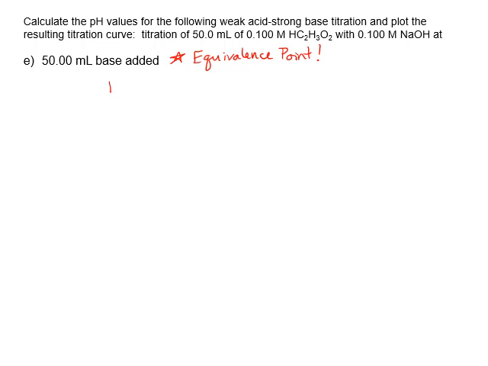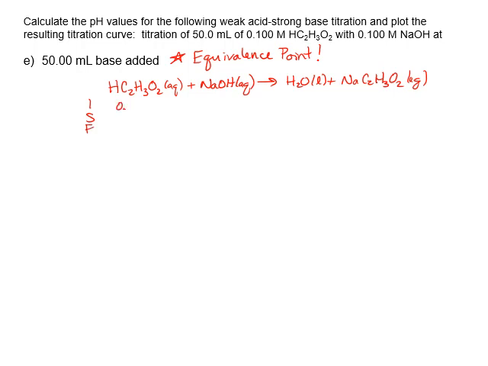So if we just go ahead and write that reaction, and set up our stoichiometry table, since we have equal amounts of acetic acid and sodium hydroxide, neither one is limiting, and in fact, both of those amounts will go to 0, but we'll be producing 0.005 moles of the sodium acetate.